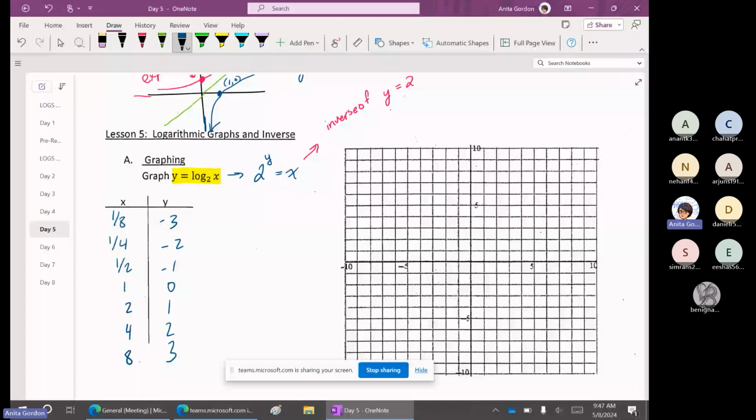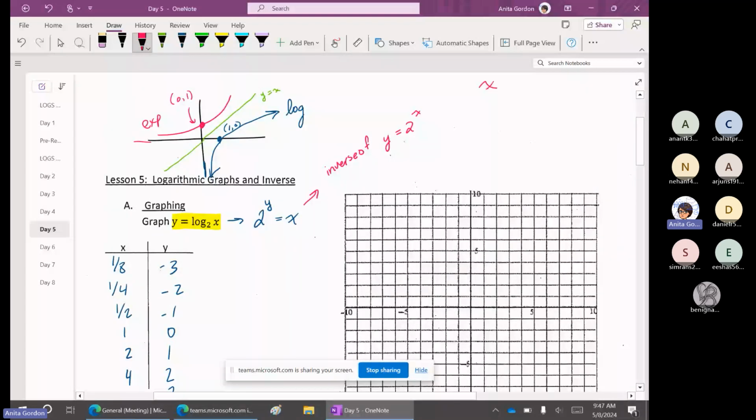When we did the exponential, we had x and y, and we had 1 over 2, 1, 2, 4. So you can see that essentially the numbers are the same, they have just swapped positions.